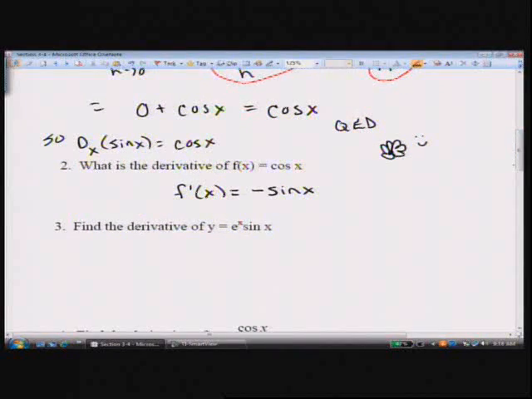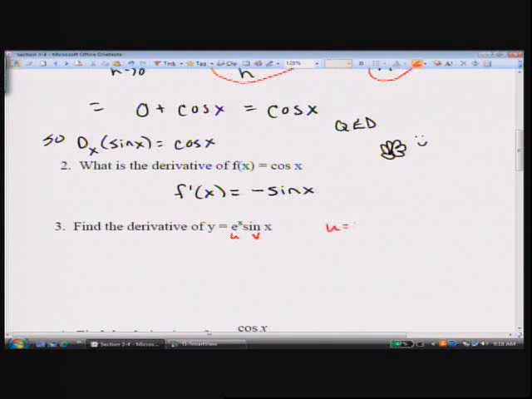So now we have the derivative of the sine is cosine, and the derivative of the cosine is negative sine. This allows us to take derivatives of more interesting functions. For example, the function e to the x sine x. If we want the derivative of that, we should recognize that we're going to have a product rule.